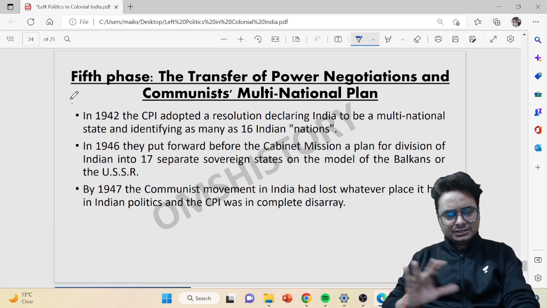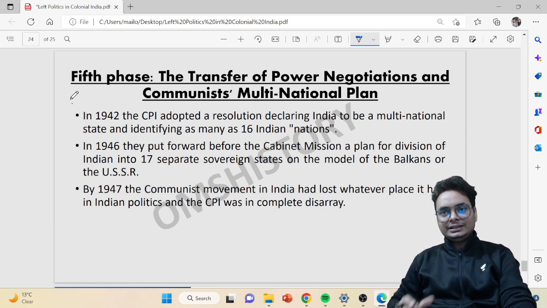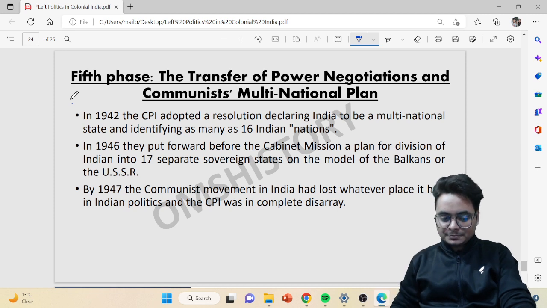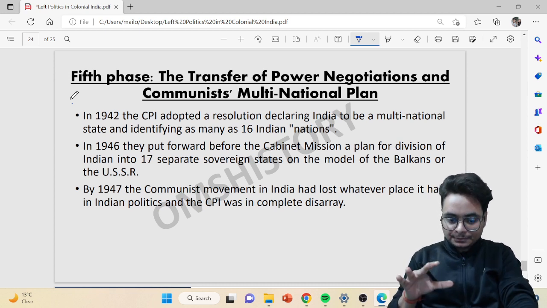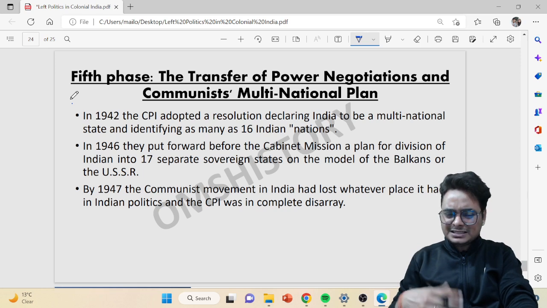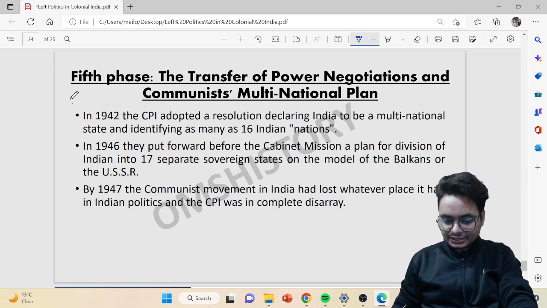During this period, around 1942, the Communist Party of India's posture was very confusing, and very extreme as well. At this very point of time, they were very pro-Muslim, and basically pro-Muslim League should be the correct term.